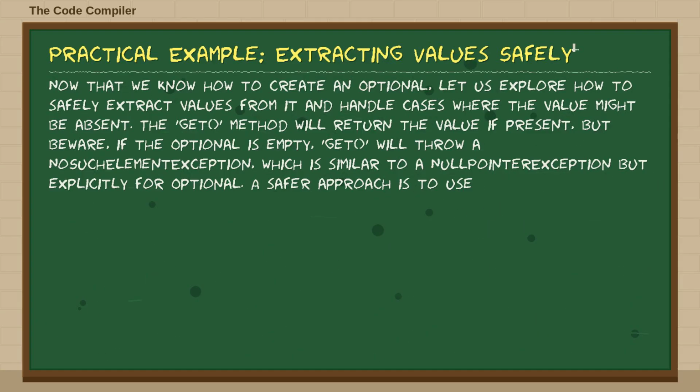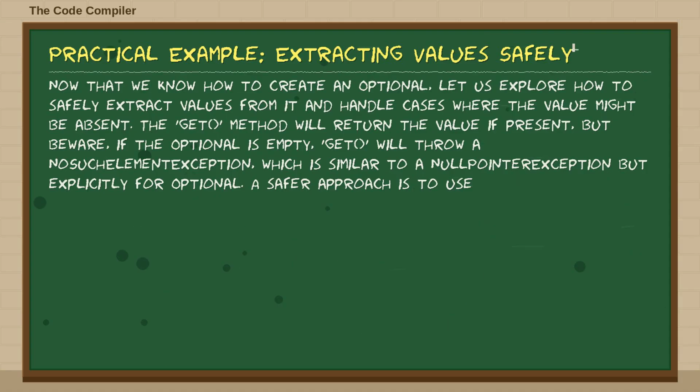Another powerful method is orElseGet(supplier), which is similar to orElse, but takes a supplier function to generate the default value only when needed, which can be more efficient for complex default object creations. For scenarios where you absolutely require a value and want to throw a specific exception if it is not present, orElseThrow is your friend.